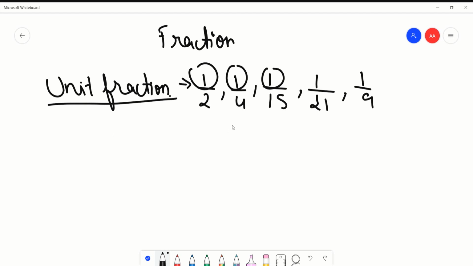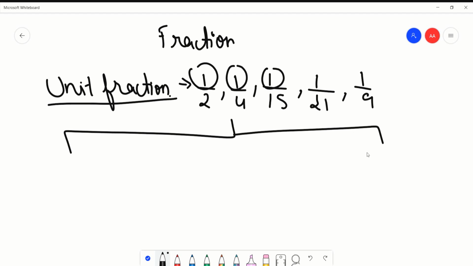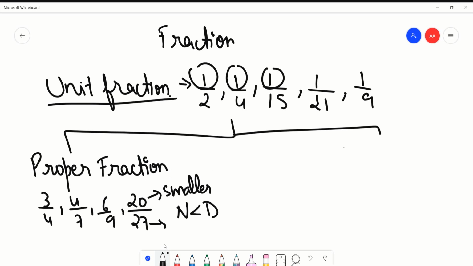Now let's understand what are improper fractions and proper fractions.